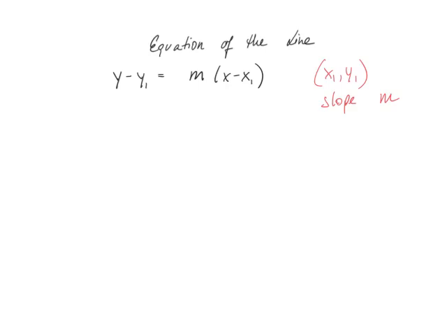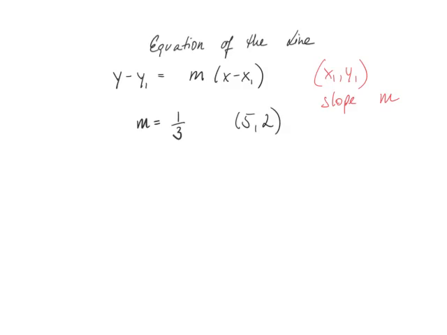Sometimes you might be given the slope, sometimes you might have to find the slope yourself from 2 points. But let's assume we are given the slope, and so let's say m equals 1/3, and the point we are going to use is 5 and 2.